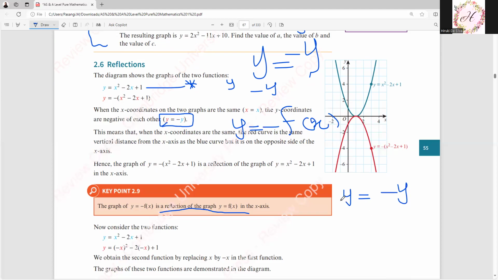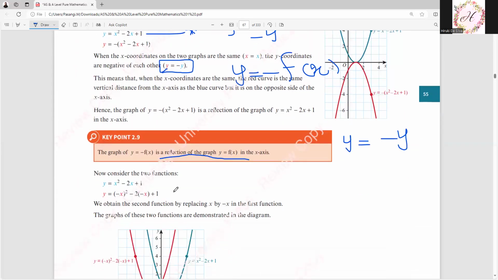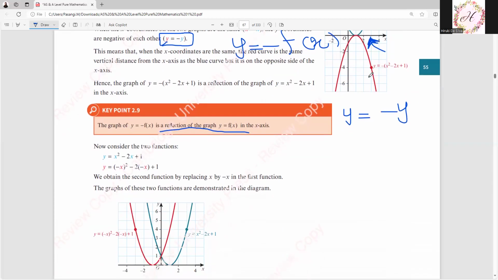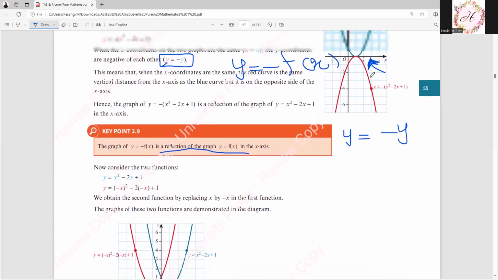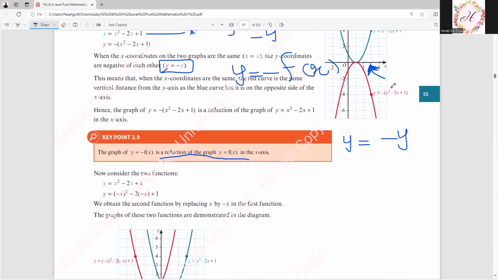If we can write like this, then it's a reflection of the previous initial graph. This one is mirroring where the mirror line would be the x-axis. Now what do you think if it's mirroring along the y-axis?